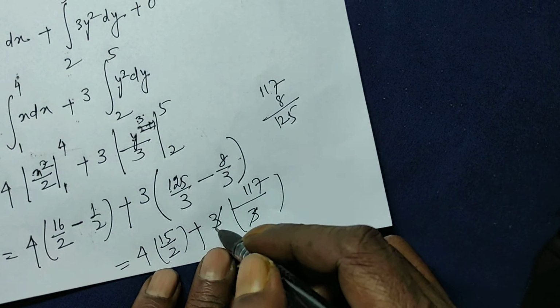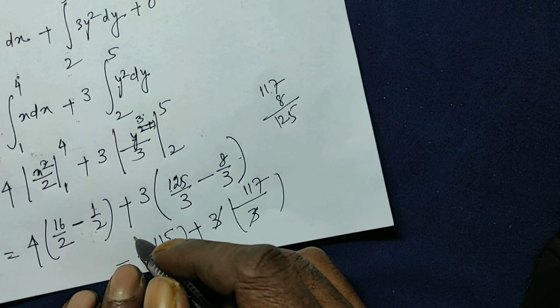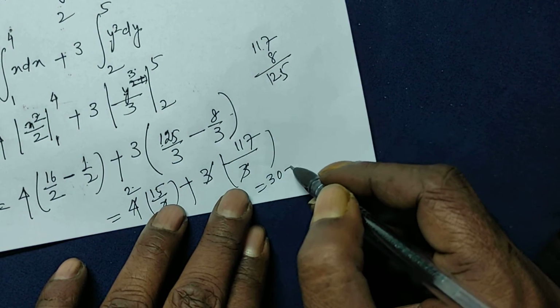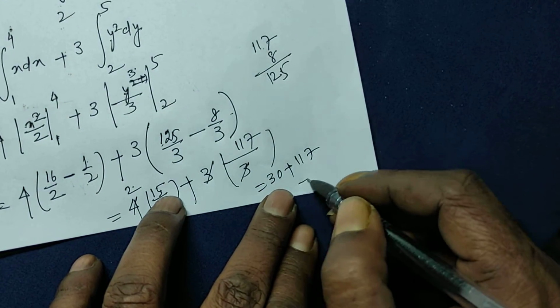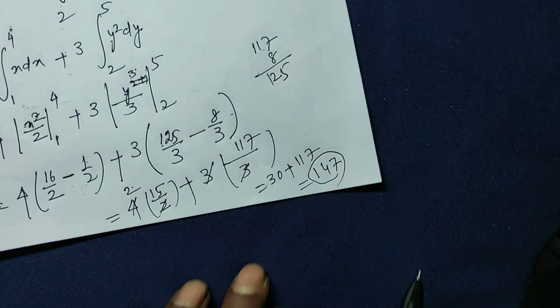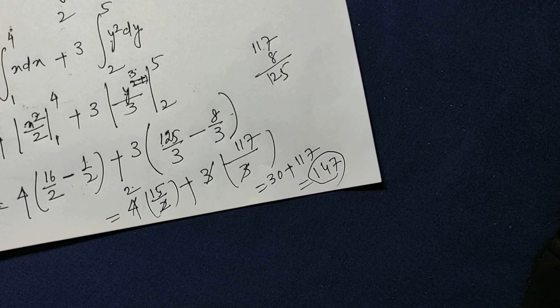Now this 3 cancels with this, and these 2 cancel, giving us 2. 15 twos are 30, plus 117, so that is equal to 147.